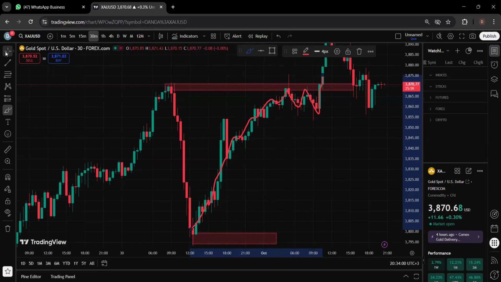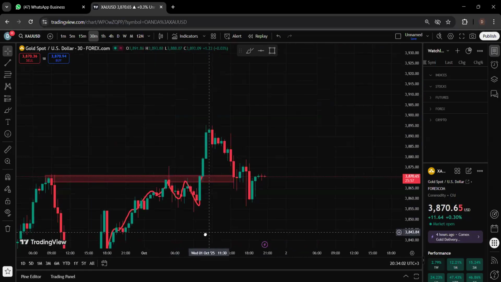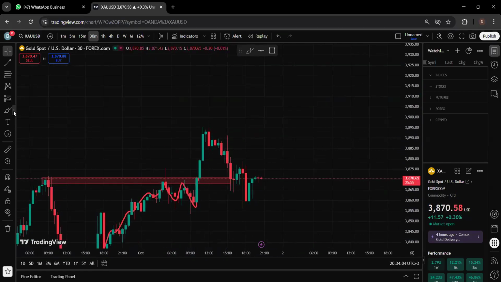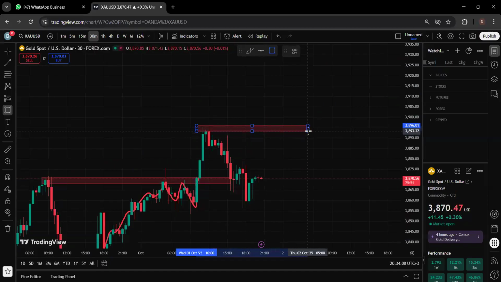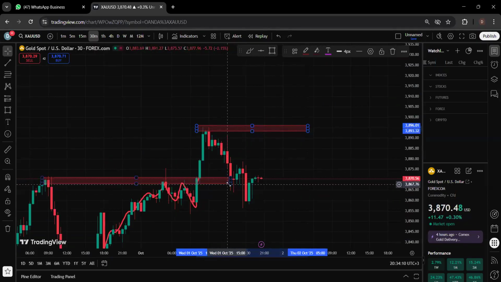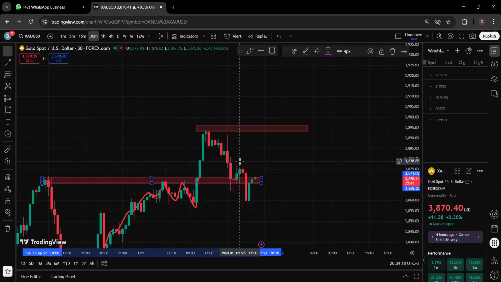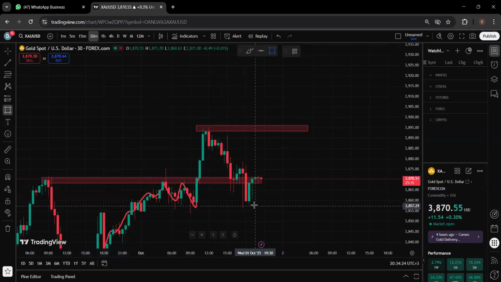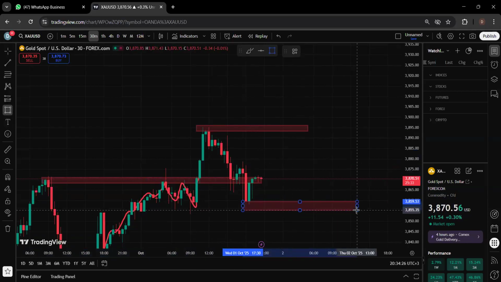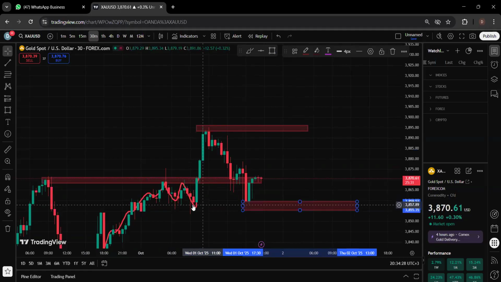After breakout, you can see it broke with a body, went all the way to today's market, and created a new resistance. It came back to the support, broke this resistance which now became our support, tried to go back to the resistance, but it refused. It came back again, then created a new support here, which was also available here.